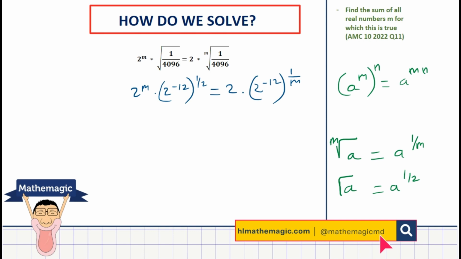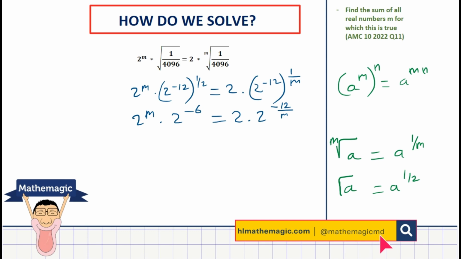And so on the left hand side, we're going to have 2 to the power m times 2 to the power negative 6, because minus 12 times a half, or a half of negative 12, is negative 6. And so on the right hand side, we'll have 2 times 2 to the power negative 12 to the power 1 over m. And using the same rule here, negative 12 times 1 over m is going to be negative 12 divided by m. And so now we've got everything expressed as powers of 2.